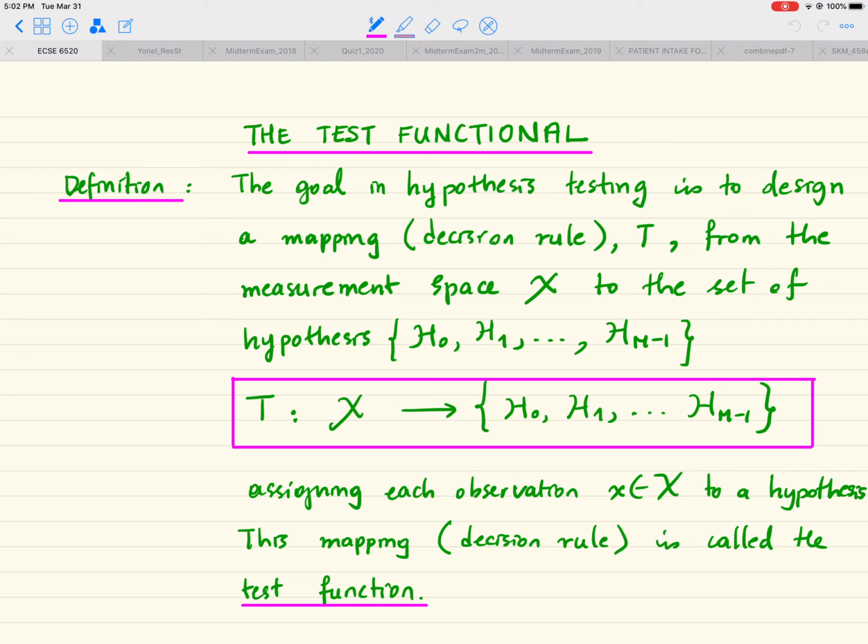So we are looking for a mapping that is going to map our observations to the set of hypotheses. And this mapping is called the test functional, okay? And this is also our decision rule, of course. Okay, so when I say decision rule, I would mean the mapping from our observations to the set of hypotheses.